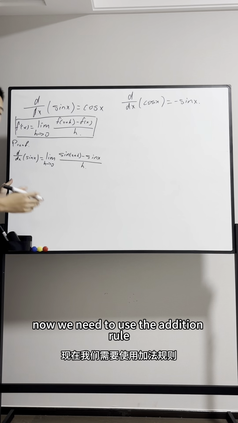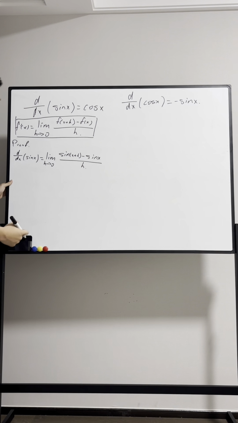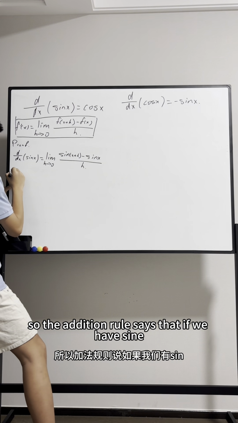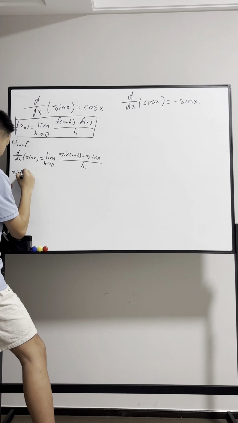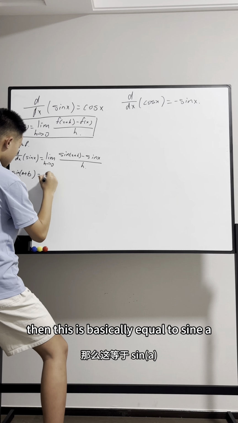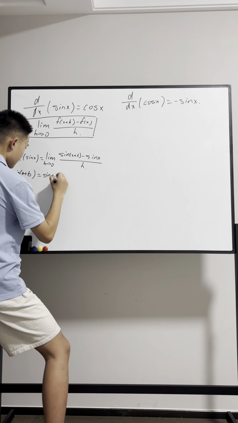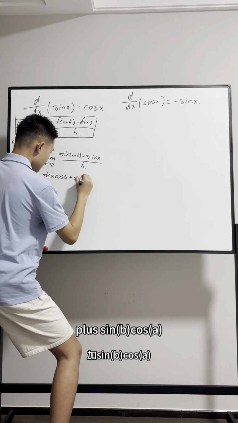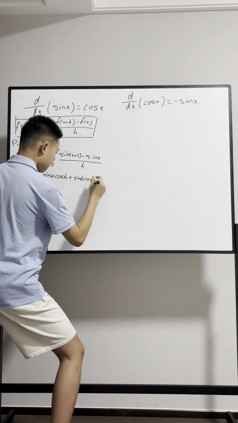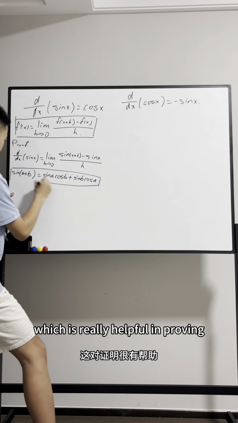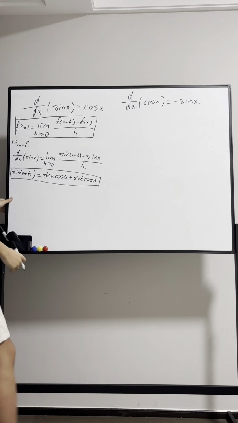Now we need to use the addition rule, which let me just write right here. The addition rule says that sine of a plus b is equal to sine a cosine b plus sine b cosine a. Okay? So this is another rule which is really helpful in proving our rule.